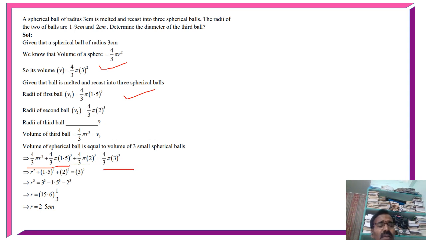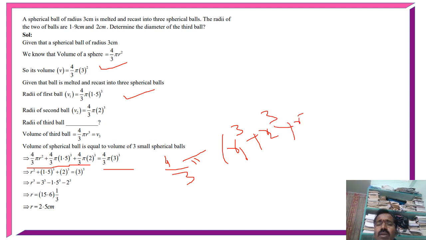And 4 by 3 pi is factorized: 4 by 3 pi of r1 cube plus r2 cube plus r cube, where the unknown we took as r cube, equals the bigger volume, 4 by 3 pi r3 cube.